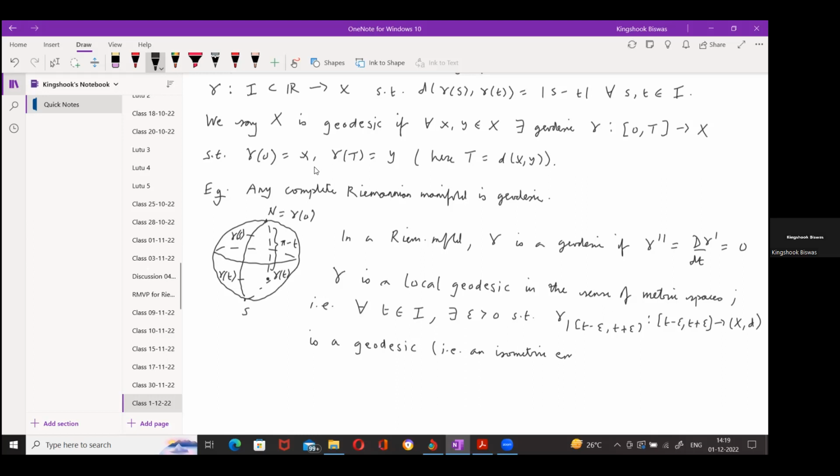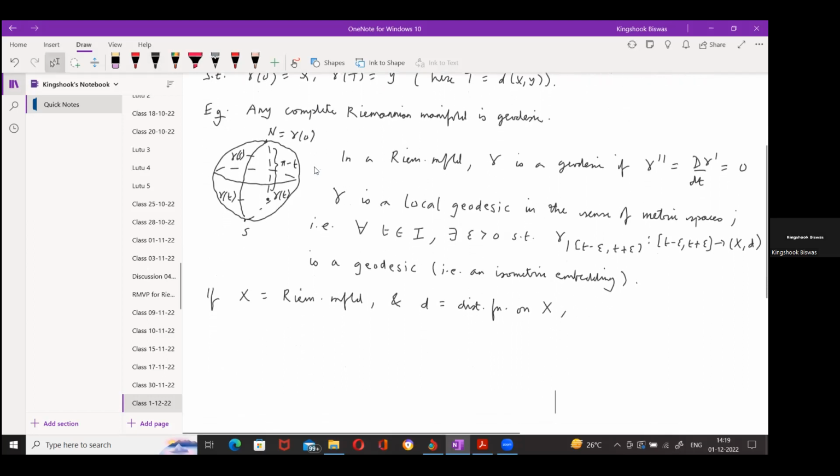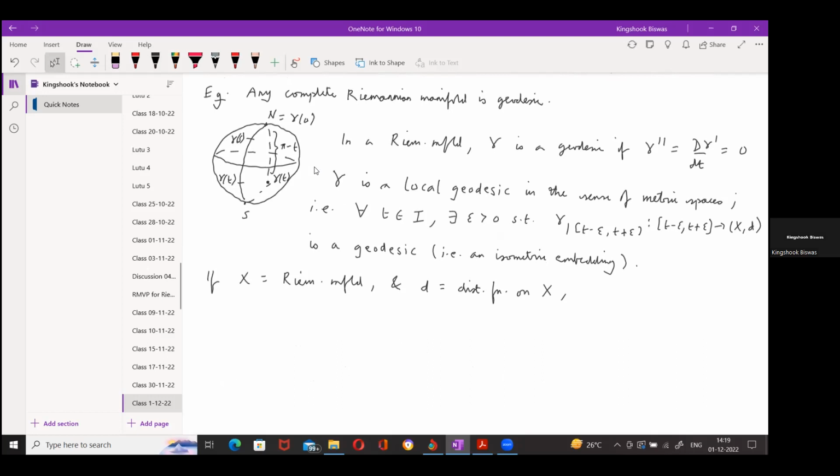So what turns out to be true is that if X is a Riemannian manifold, and d is the distance function on X induced from the Riemannian metric. Okay, so that means the distance between points x, y is the infimum of lengths of curves joining x, y.